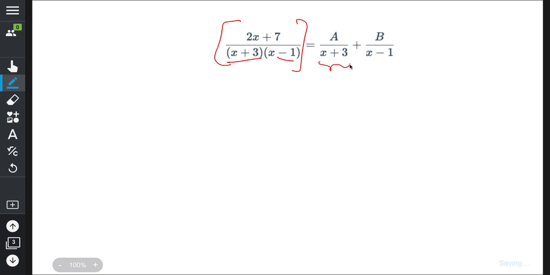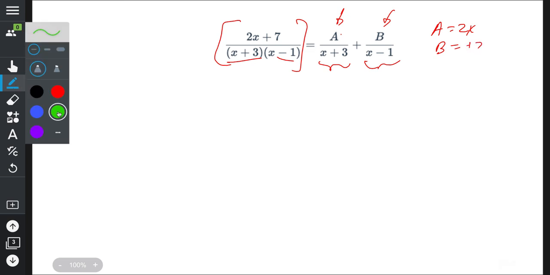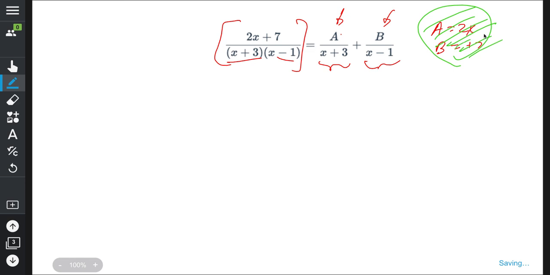One that has the first factor in the denominator, the other with the other factor in the denominator, and you need to come up with the numbers a and b that satisfy this equation. Okay? And don't think for a minute that a is 2x, b is positive 7. That's visually very appealing. You know it's not going to be that easy.